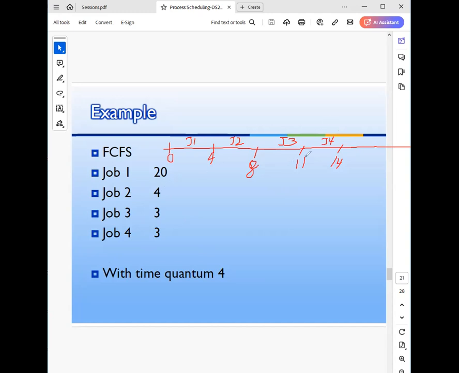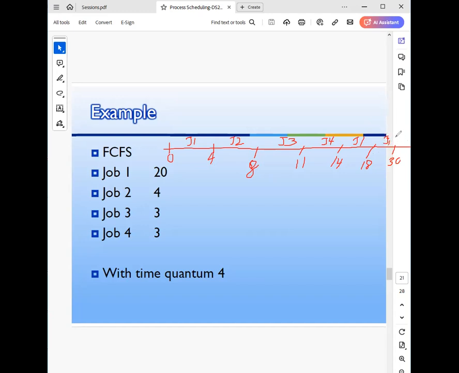Now job 2, job 3 and job 4 have finished, and only job 1 remains. So all the remaining time slots are given to job 1, until 30. Job 1 runs and finishes.